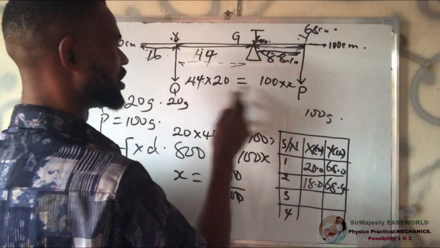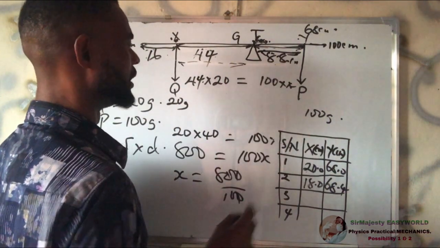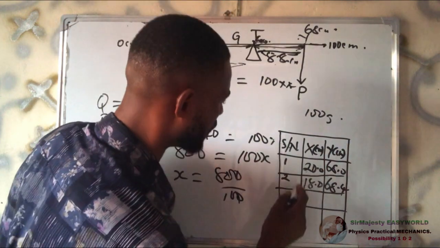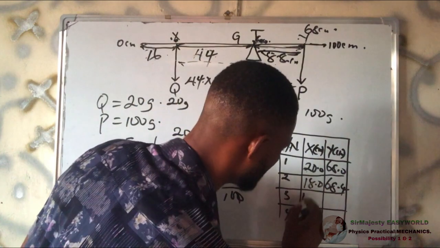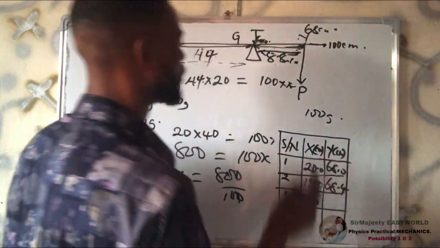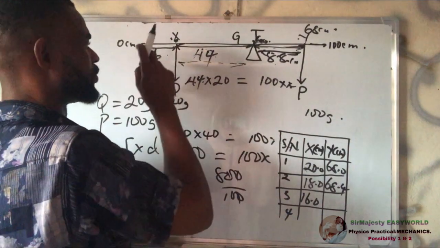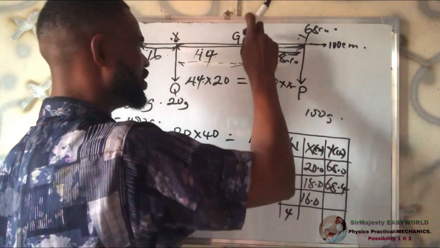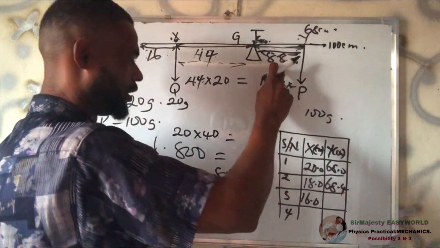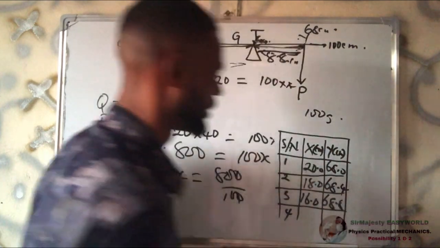Then the position x of q is now 16.0. The position y of p from here is now 16 plus 44 plus 8.8, or simply 60 plus 8.8, which will give me 68.8.